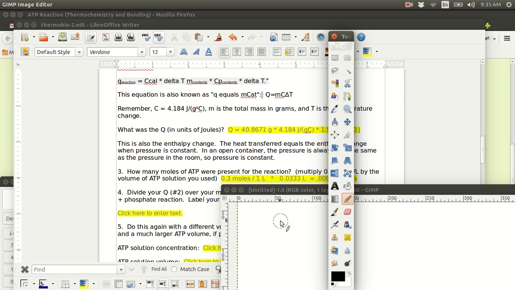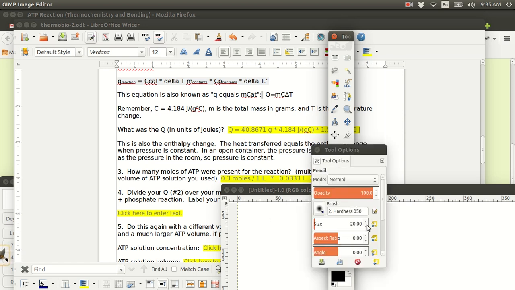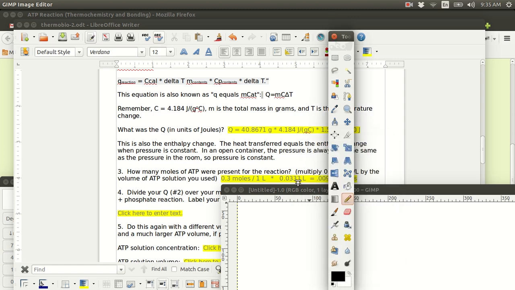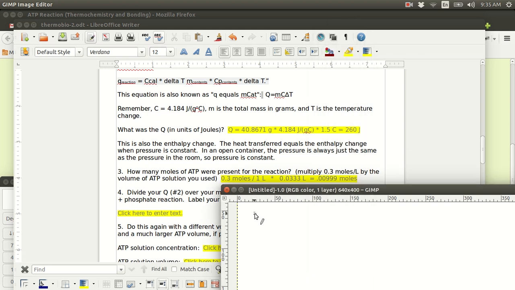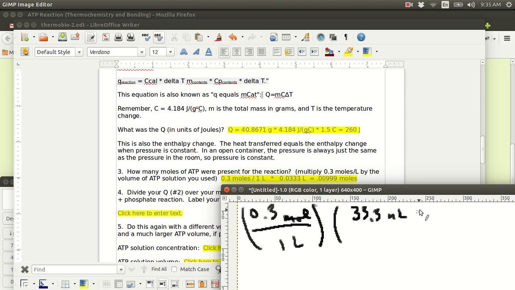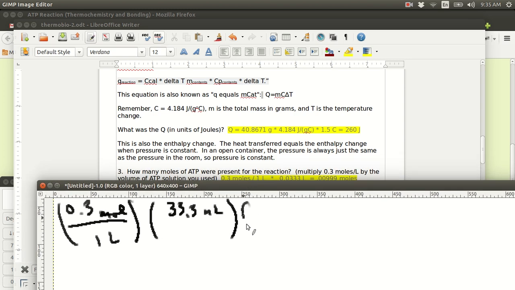Pencil. Decrease the size of the pencil to maybe 3. All right. So 0.3 moles in 1 liter. Now, what I had was 33.3 milliliters. But there are, in 1 liter, 1,000 milliliters. So these are nicely arranged so that the liters could cancel and the milliliters can cancel.